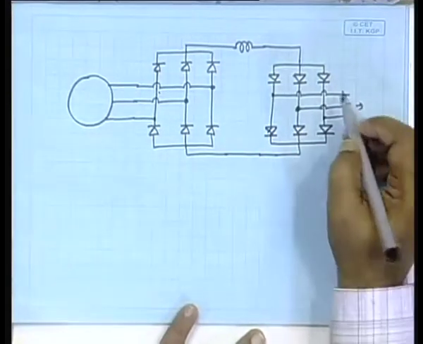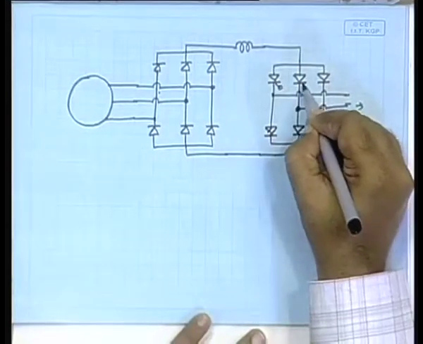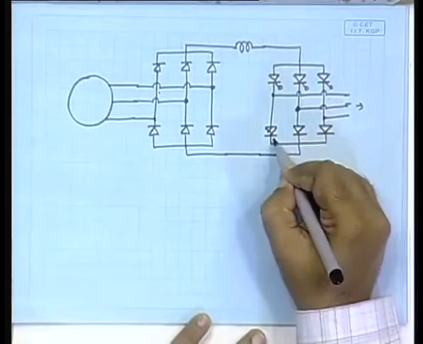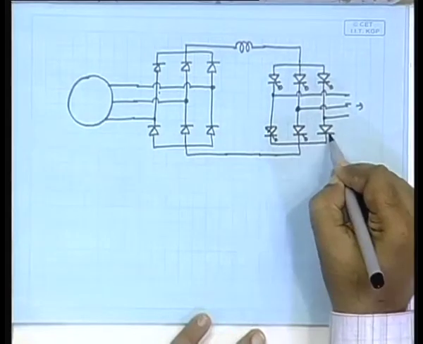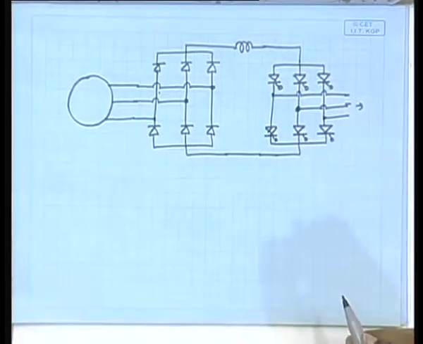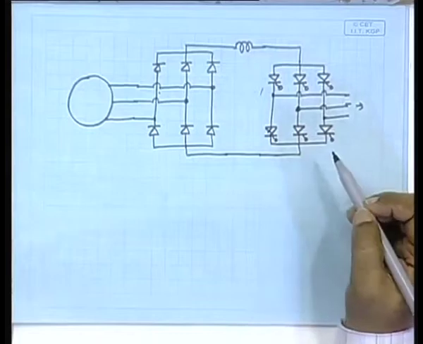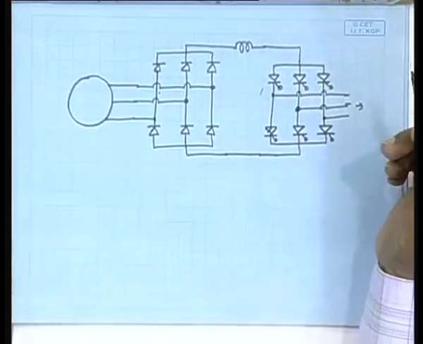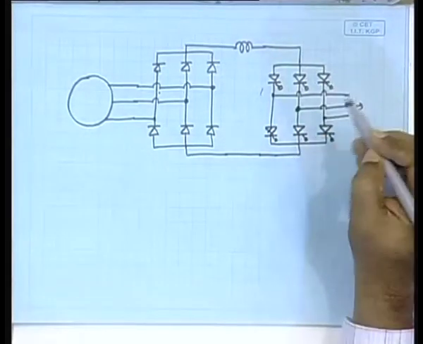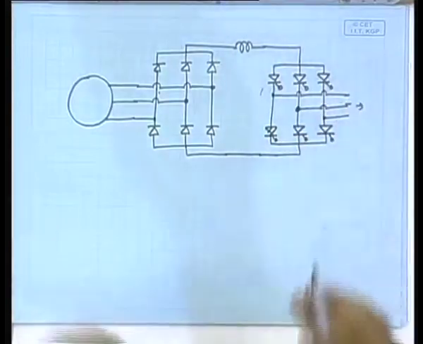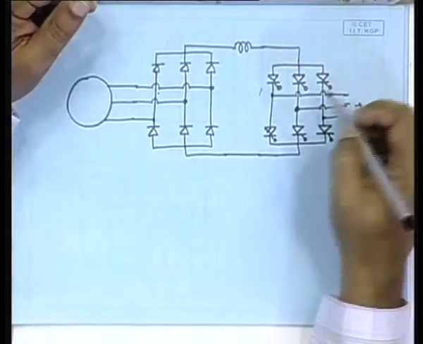This is to the load. Now, these will have to be controlled switches. Earlier these were realized by thyristors, but now other devices are coming like IGBTs, with which you can do this. But in this course, let us not get into the details of this.